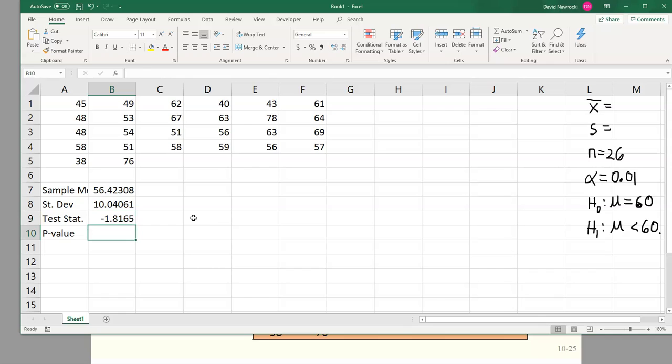Now our p-value. This is a left-tailed test. So if you look back in your notes or on the formula summary sheet, in order to calculate the p-value, we use this Excel function, equals t.dist. We want our test statistic in here, which is in cell B9.